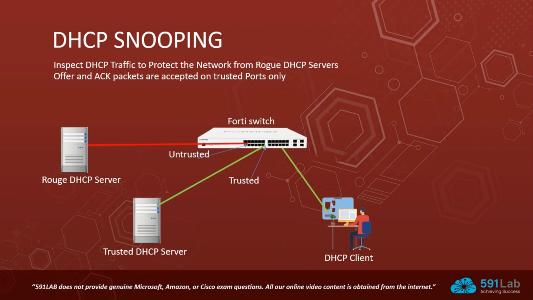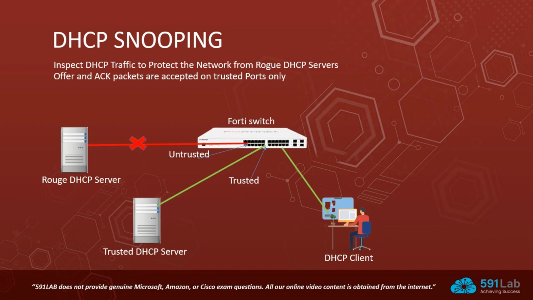The port that connects the trusted DHCP server is configured as trusted, and the port that connects the rogue DHCP server as untrusted. The result is that FortiSwitch accepts DHCP replies from the trusted DHCP server only. DHCP replies sent by the rogue DHCP server are dropped by FortiSwitch.